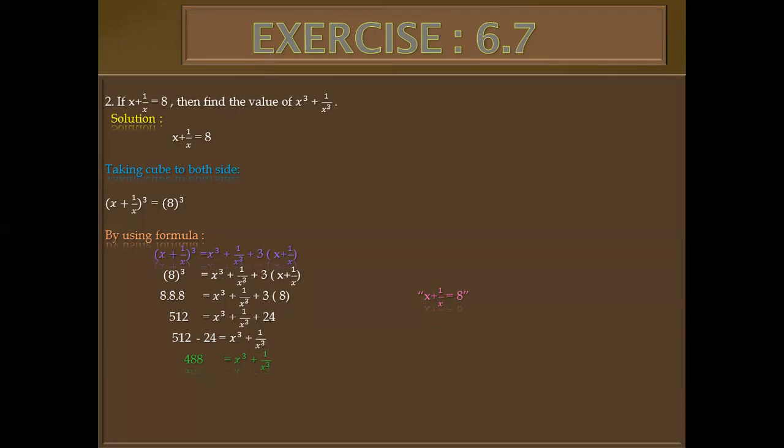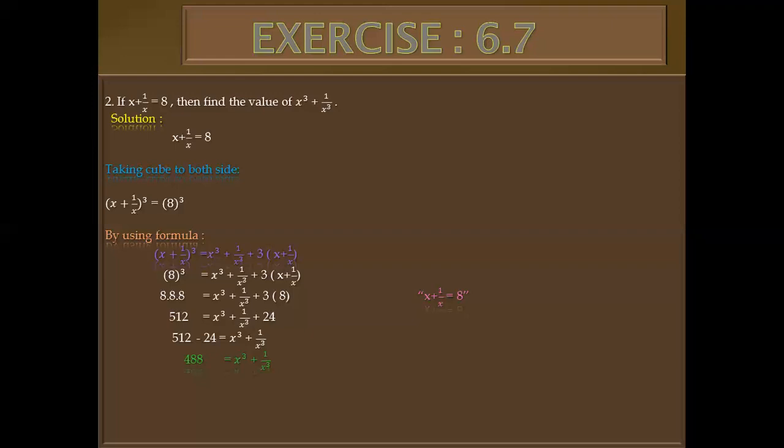512 is equal to x cube plus 1 over x cube plus 3 into x plus 1 over x. But we know the value of x plus 1 over x, already given, is 8. So instead of x plus 1 over x, we will put the value of 8. 3 into 8 is 24. 512 is equal to x cube plus 1 over x cube plus 24.